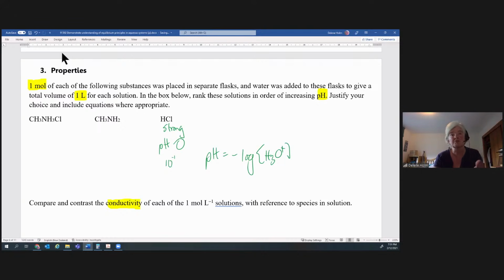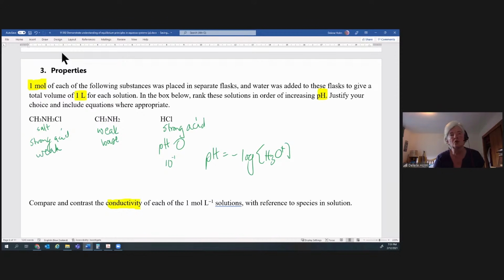This is, hopefully you will know, a weak base. That's a strong acid. And this is a salt. So the salt is from a strong acid and a weak base.